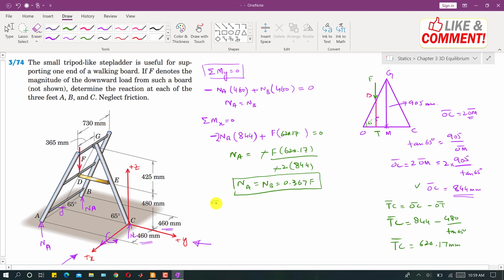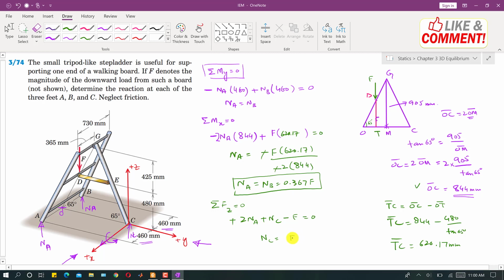Now if we apply the summation of forces along the z-axis equal to 0, we have this NA and this NA, so 2NA acting in the positive z direction. This NC is also acting in the positive z, so we write plus NC, and this force is in the negative z, so minus F. This equals 0.